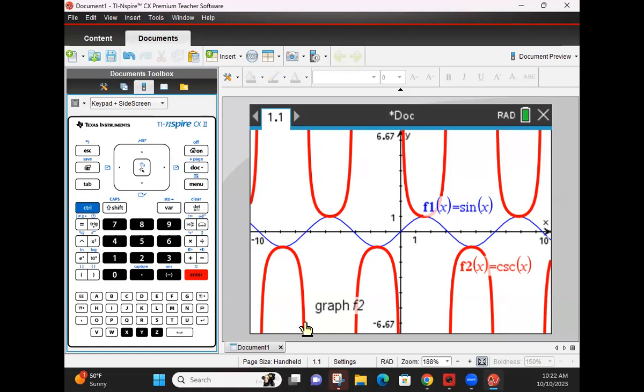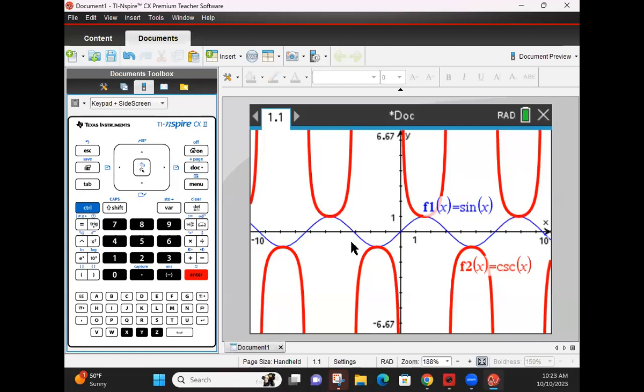And then I want you to look at my f of x values, our sine values, when our red graph, our g of x or our cosecant graph, has an asymptote. So we have an asymptote on the red graph about here. What's the function value on the blue graph?